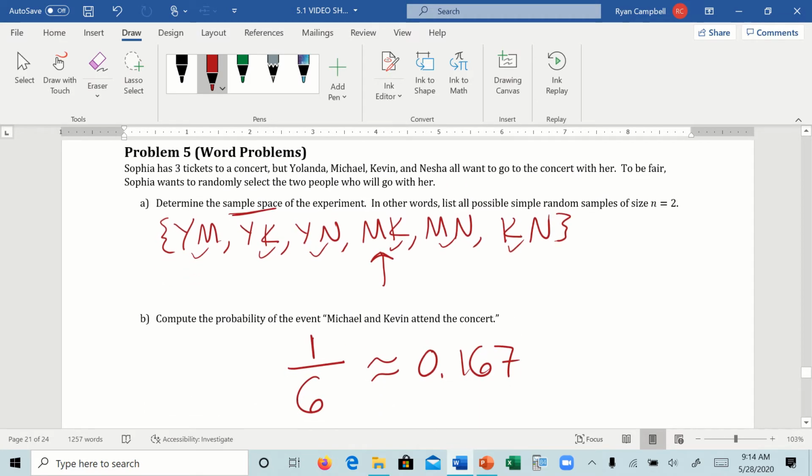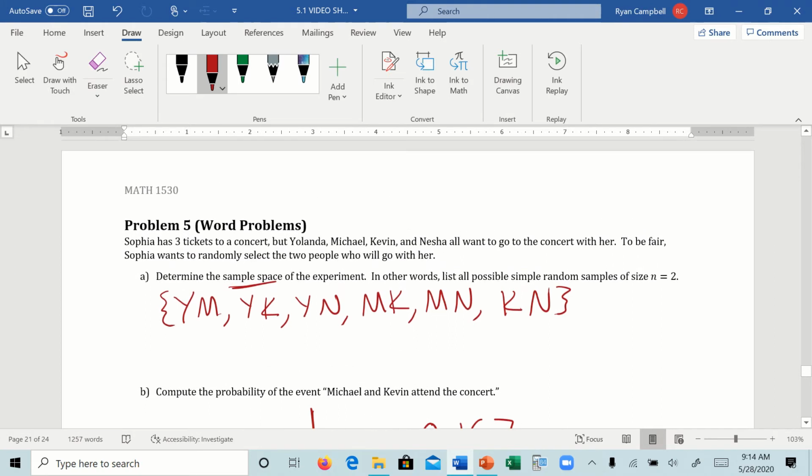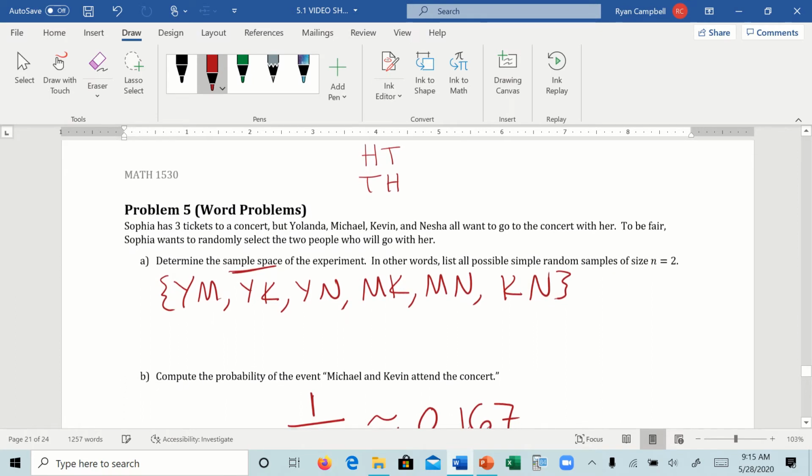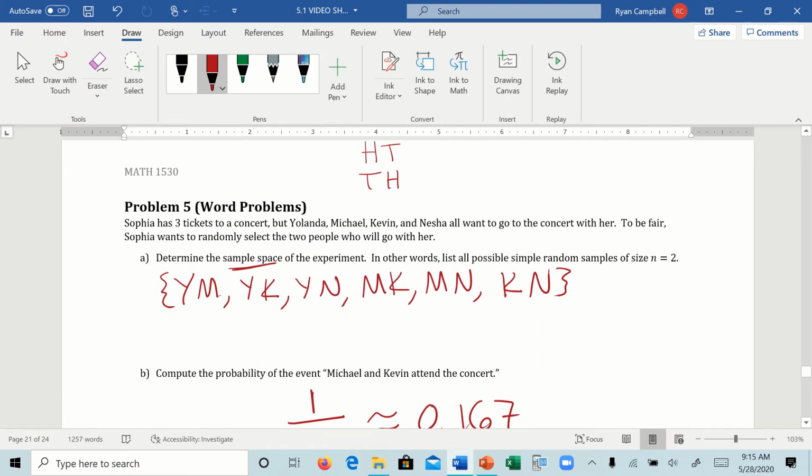Now, some of you might be asking, wait a minute, when we had the coin tosses, how come heads and tails and tails and heads were different, but in this case it's not? That's a good question. In actuality, we can write it out like this.